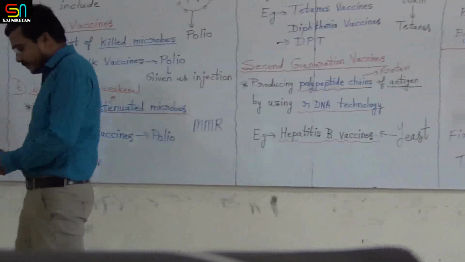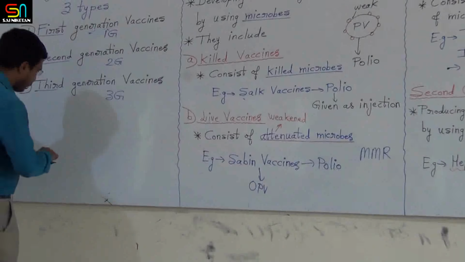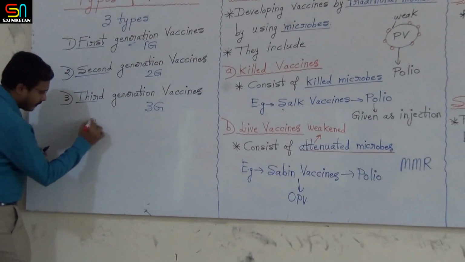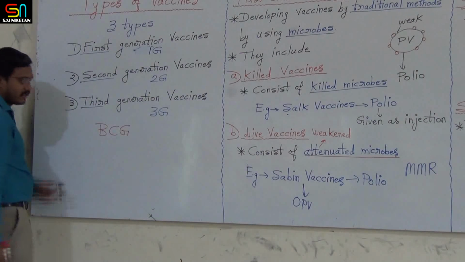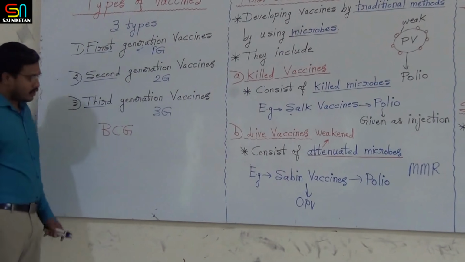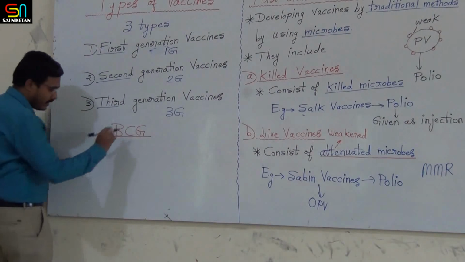Now finally, you might have heard about one more vaccine, that is BCG. See here, BCG vaccines are asked in KCET. So this BCG vaccine, what's the full form of this BCG?